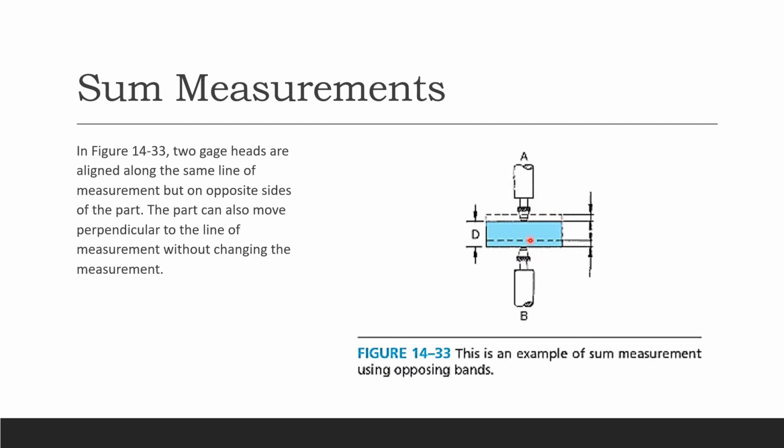So therefore, the part is moving perpendicular to the line of measurement without changing the measurement. If you want me to draw it, this is your movement, and then you can see the perpendicularity right there. So this is just an example of measurement using the opposite heads.